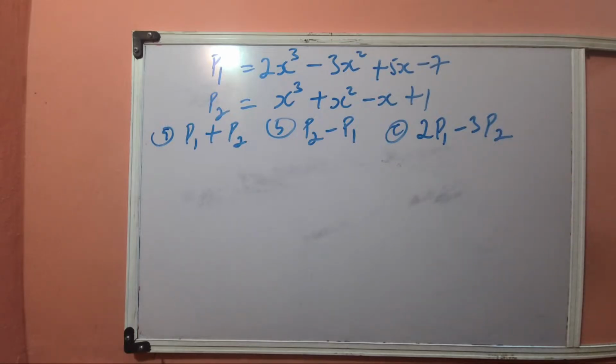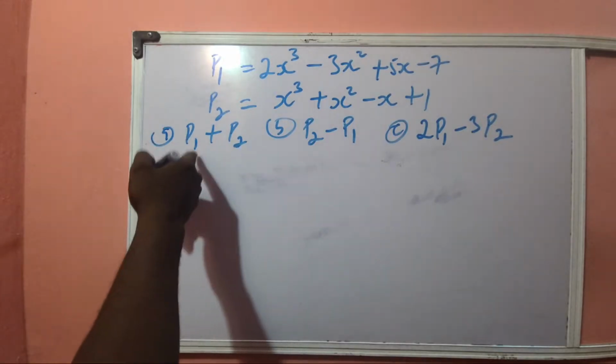All right. So here we have this problem in front of us to solve, and this is how you go about solving polynomials. Now you have two polynomials. You want to add them together, P1 and P2.